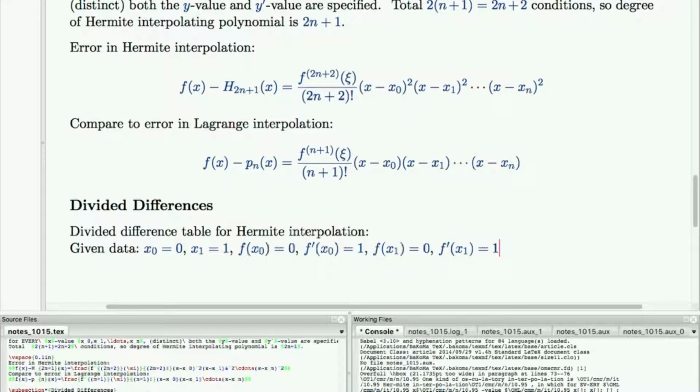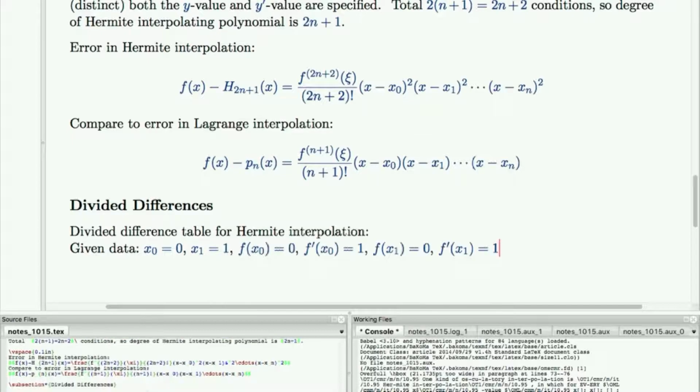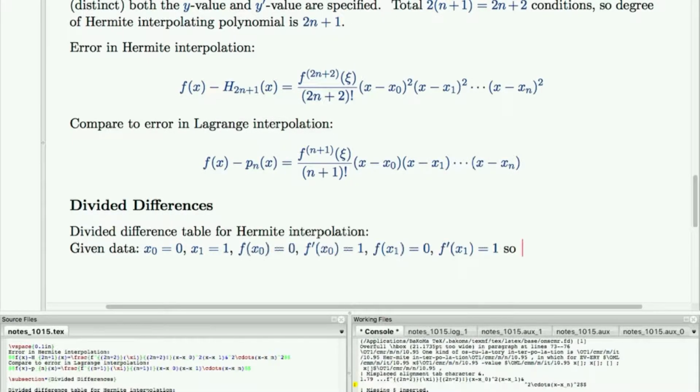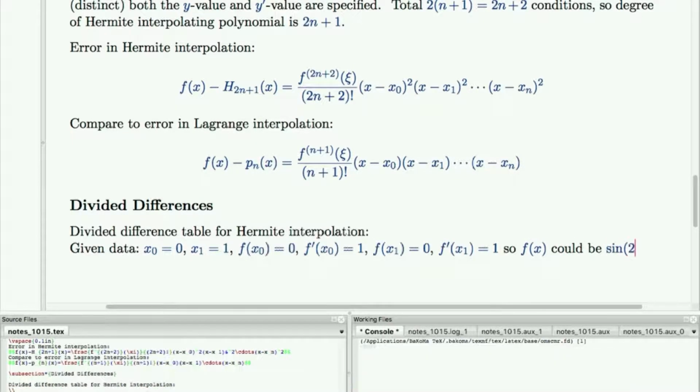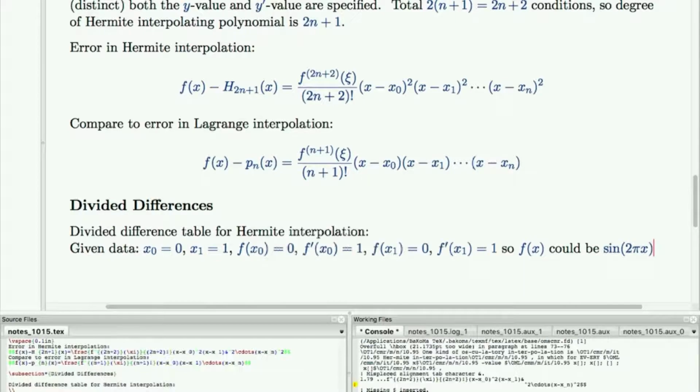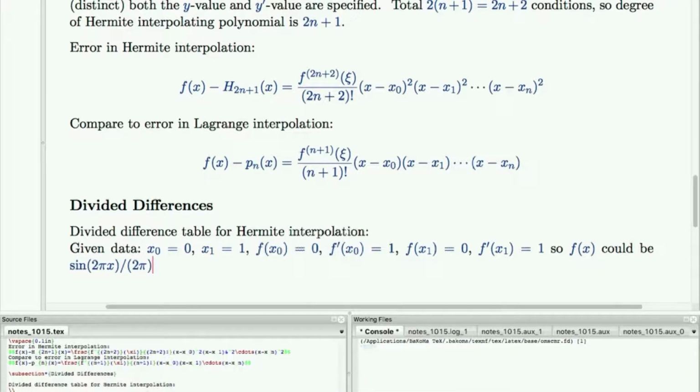In fact, one function that satisfies these conditions would be f of x is sine 2 pi x. Well, actually I have to scale it for the derivative. So f of x could be sine 2 pi x over 2 pi.